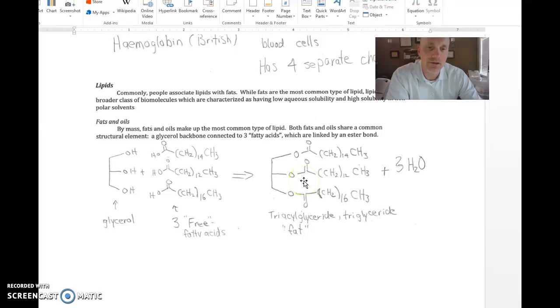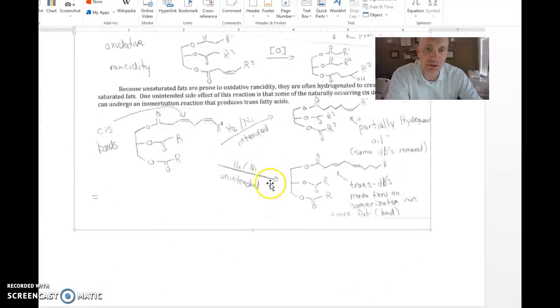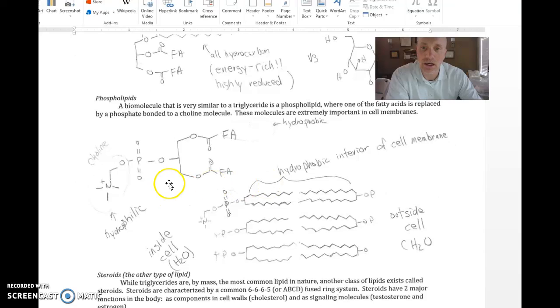With a phospholipid, essentially this middle fatty acid is removed and turned into this piece right here. This middle part would just be a glycerol molecule.